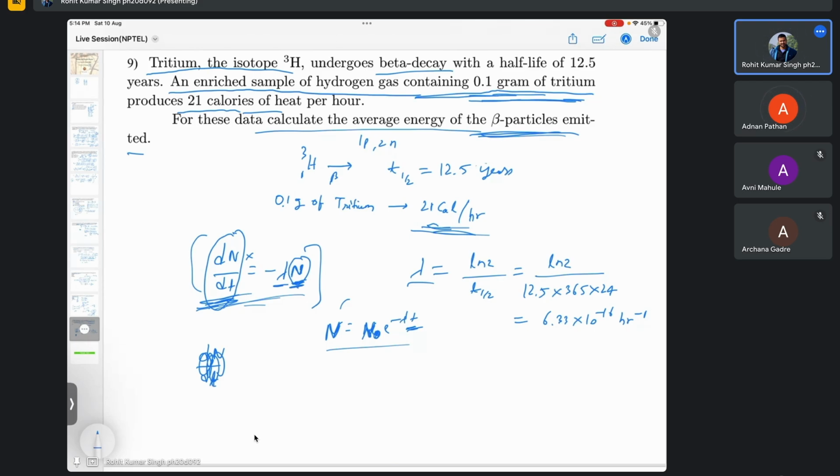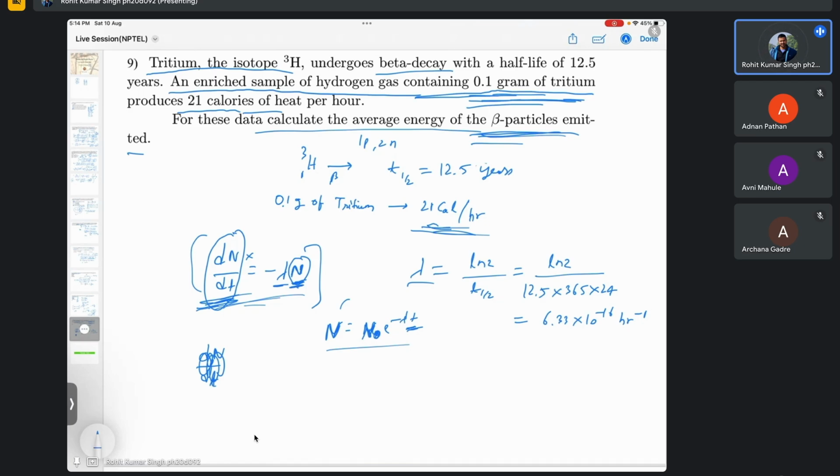Yes, sir. But we don't know how much heat each beta particle is carrying. What we know is that this number of tritium atoms is producing 21 calories of heat per hour.